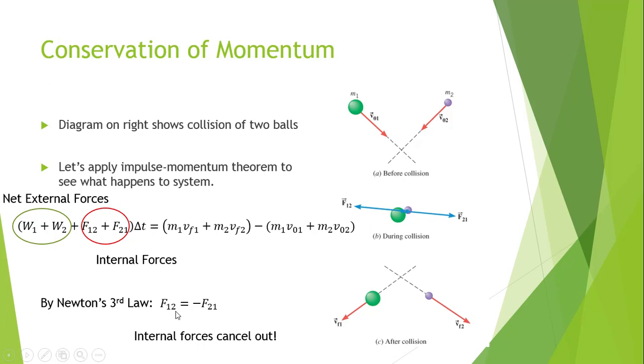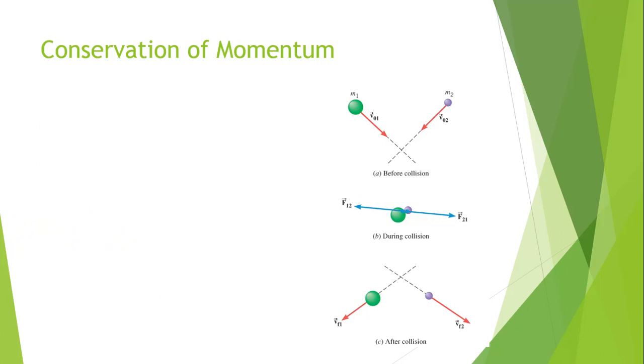So internal forces should all cancel out, and this should be true for any internal forces on these objects. By Newton's third law, internal forces between objects should be equal in magnitude, opposite in direction. So what we really have is that the sum of all the average external force acting on the objects times the time of the collision is equal to final momentum minus initial momentum of the system.